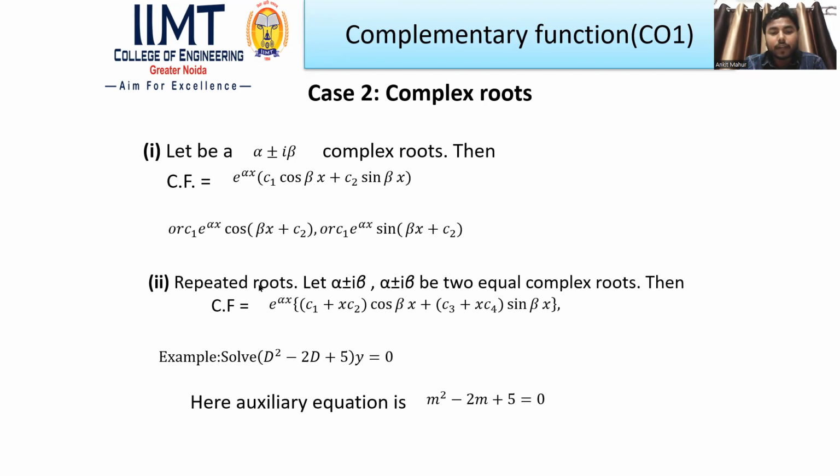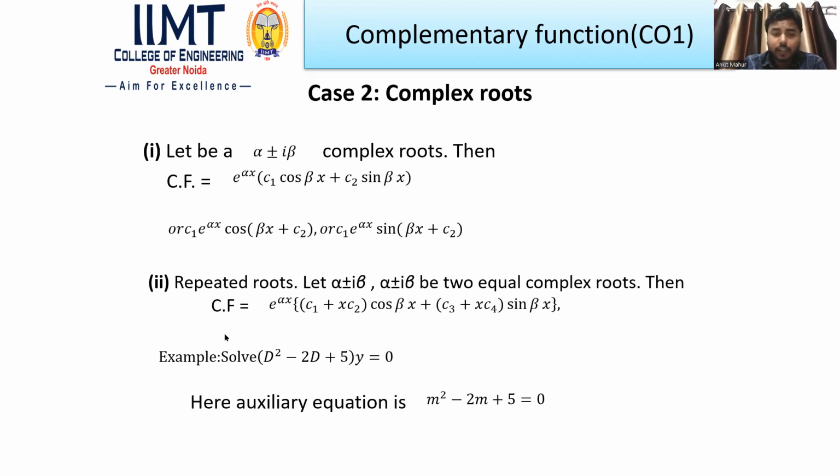If roots are repeated, let α ± iβ and α ± iβ be two equal complex roots. Then CF is e^(αx) [(C1 + C2 x) cos βx + (C3 + C4 x) sin βx], where C1, C2, C3, C4 are all arbitrary constants.